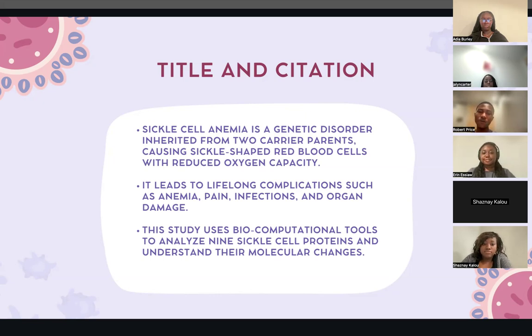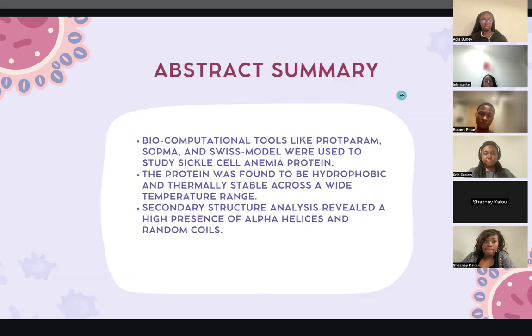In this research, various protein sequence analysis programs are used to study 9 different sickle cell proteins. This study focused on analyzing the protein sequence of sickle cell anemia using various biocomputational tools. Results showed that the protein is highly hydrophobic, which affects its structure and behavior in the body.